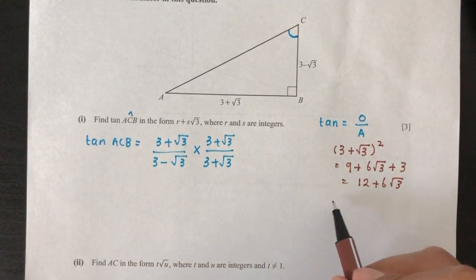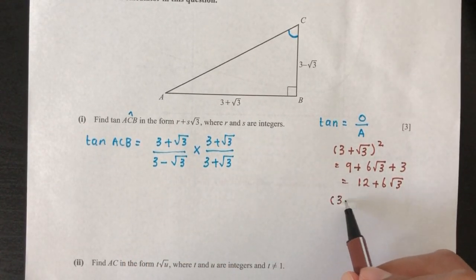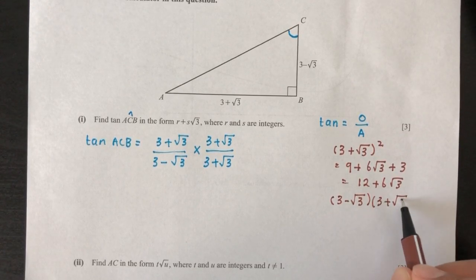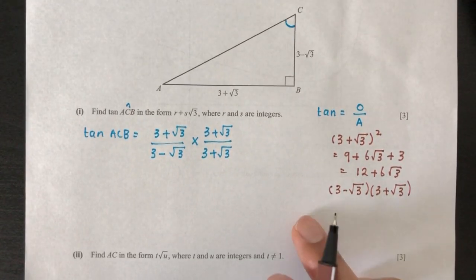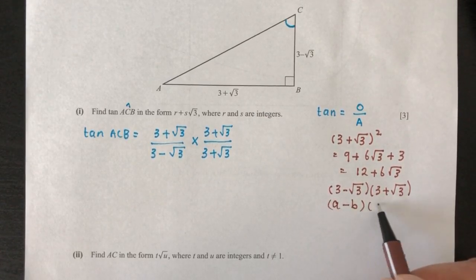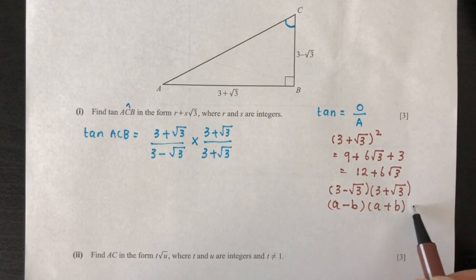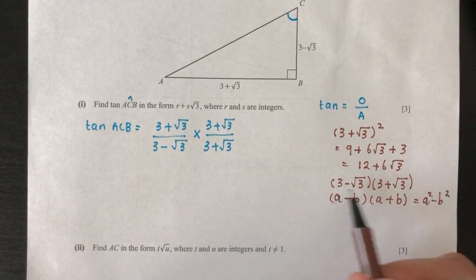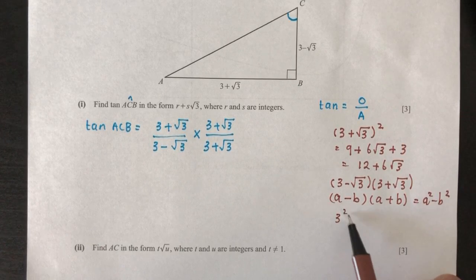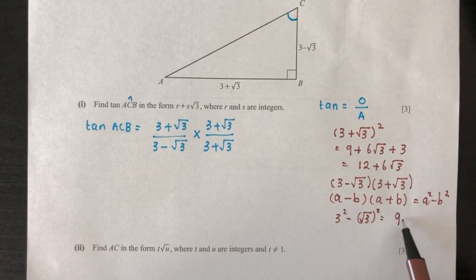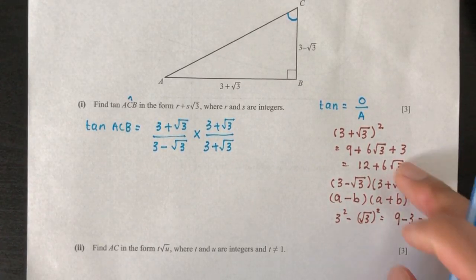Now for the bottom, 3 minus root 3 times 3 plus root 3. This is very similar to a minus b times a plus b, which is equal to a squared minus b squared. So this will be 3 squared minus root 3 squared, which is 9 minus 3, it is 6.